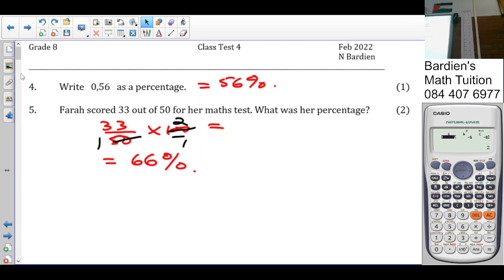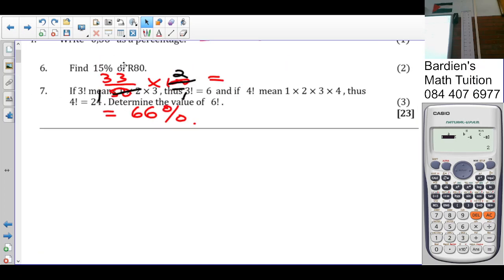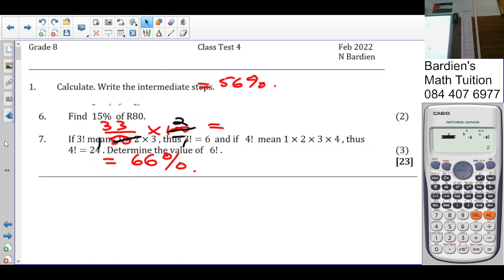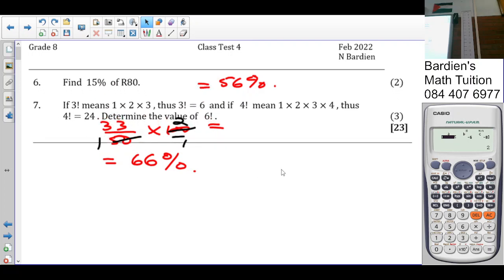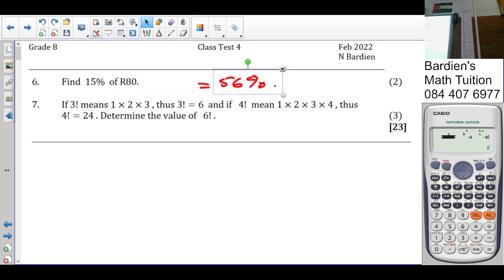Okay, the next one, number 6. Alright, 15% of 80.